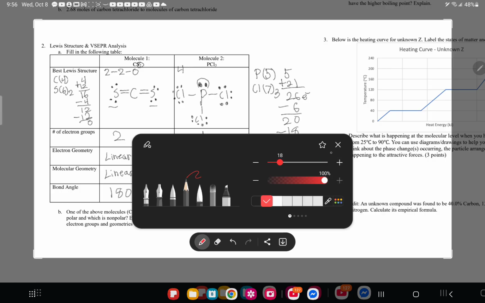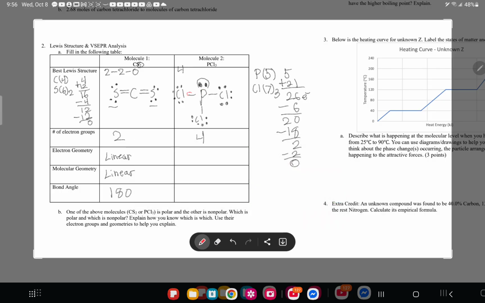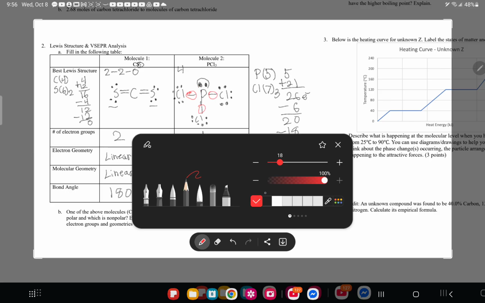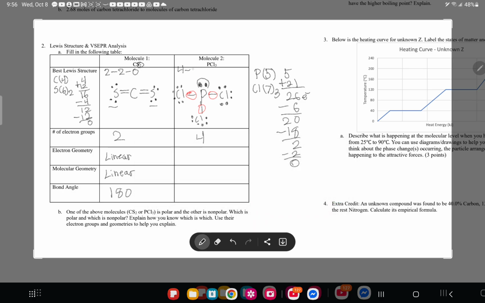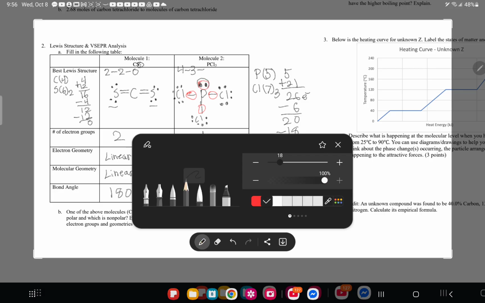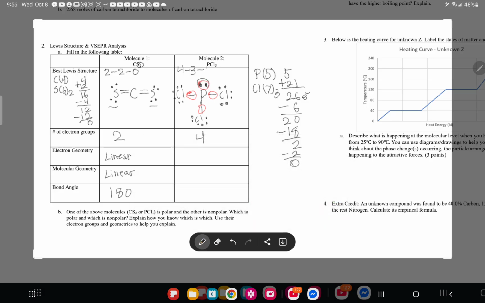And then we have 3 bonding pairs. 1, 2, 3. Alright, let's write that in. 3 bonding pairs. And then we have 1 lone pair. So we're going to have a 1 here. So now 4 is going to be tetrahedral.